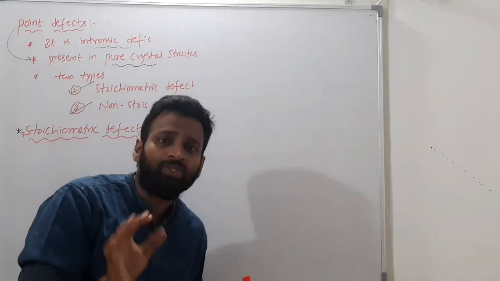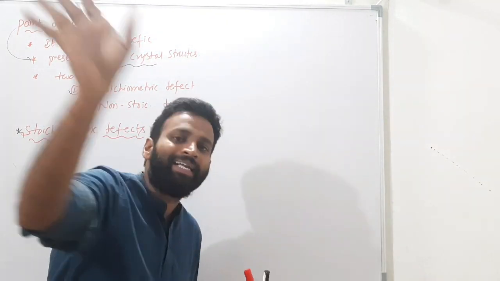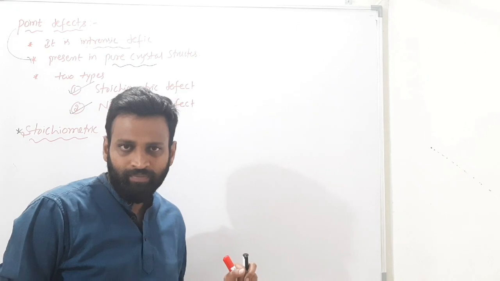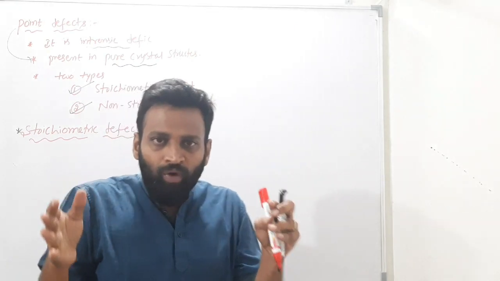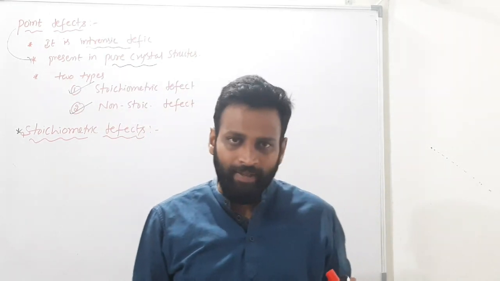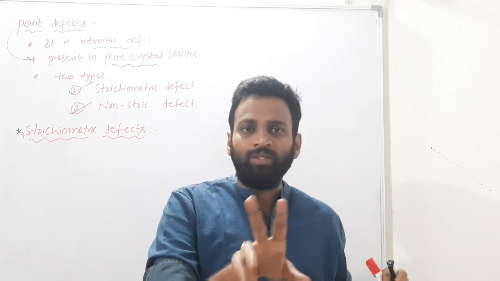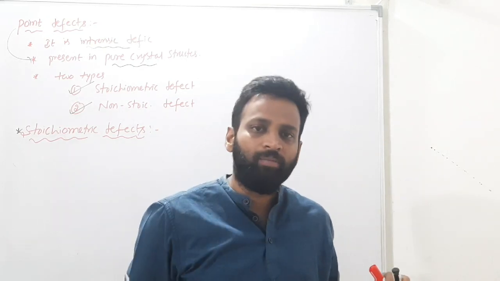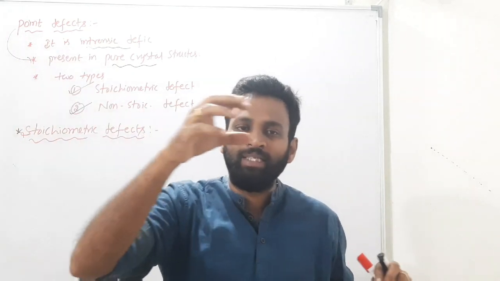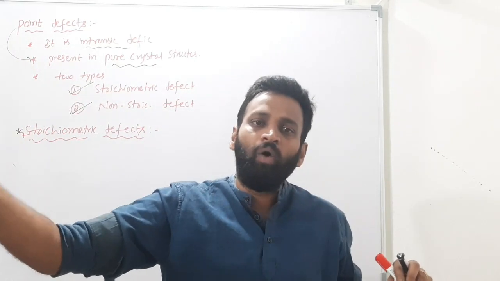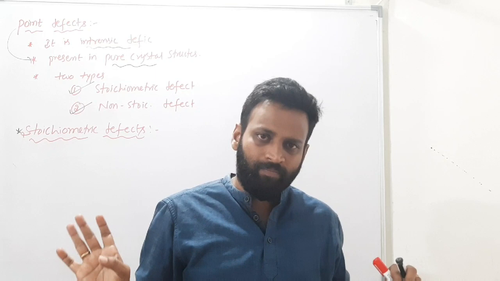Schottky defect means complete removal of a cation and an anion. Say in one class 40 students are there. Of the 40 students, 1 cation and 1 anion, meaning 2 students, are missing; they went out of the class completely.